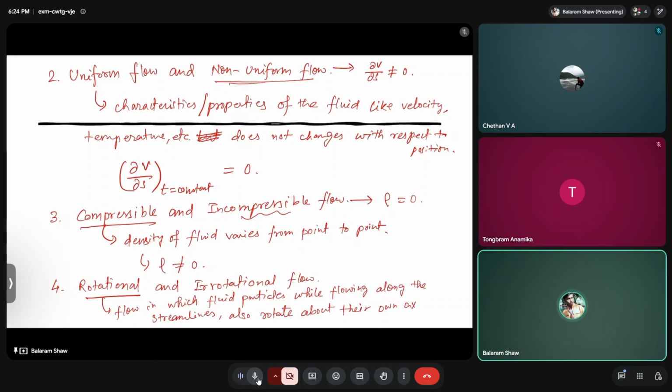If there is any rotation of the fluid particles in the flow about their own axis, then we call that rotational flow.